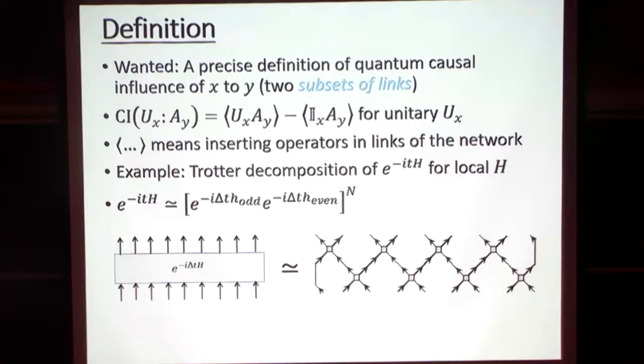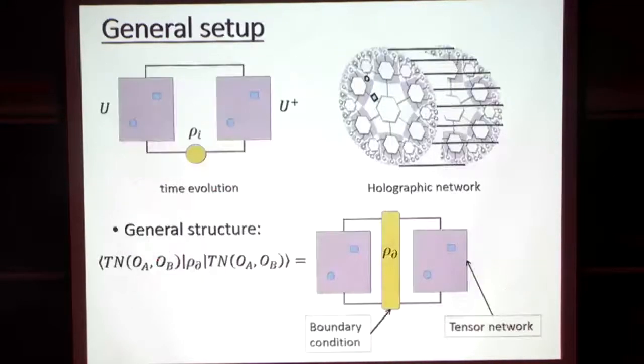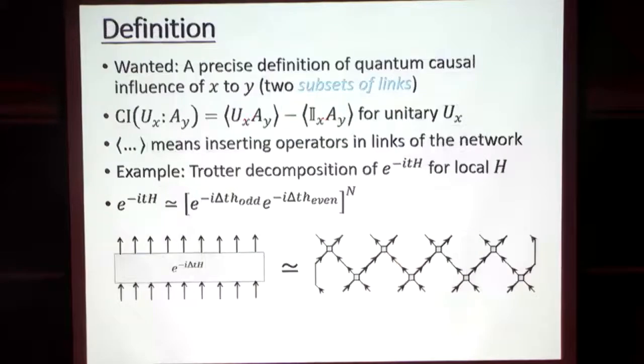So the definition we take is you insert a unitary at a link X, and you put, let's say, a Hermitian operator for site Y. And then you calculate this quantity, and then you compare it with the case without the unitary in X. So this is measuring whether a unitary operator applied to X influences any physical quantity at a point Y.